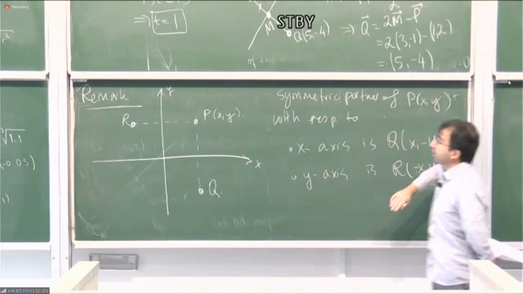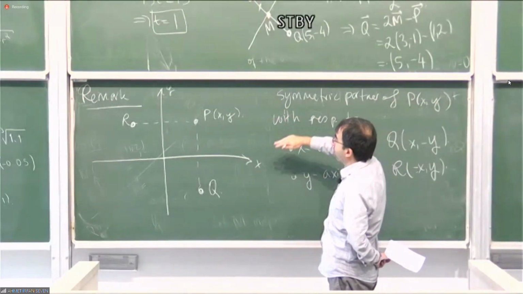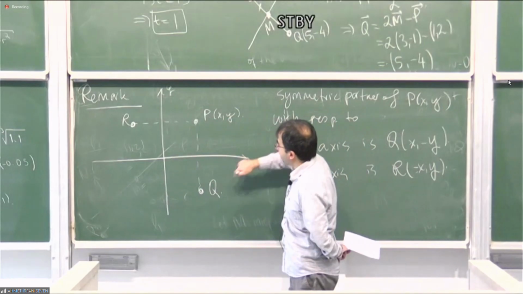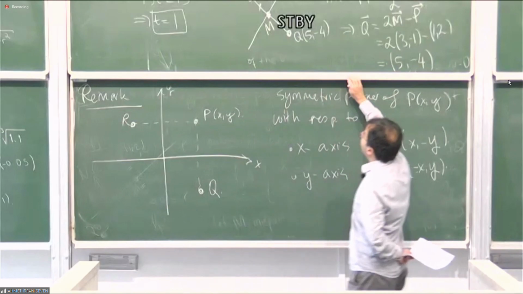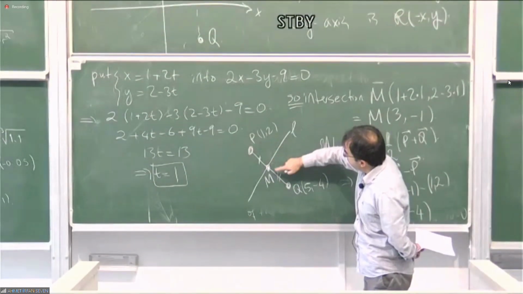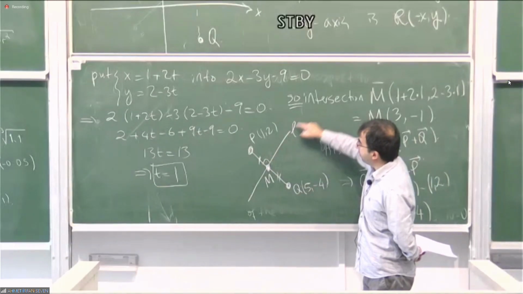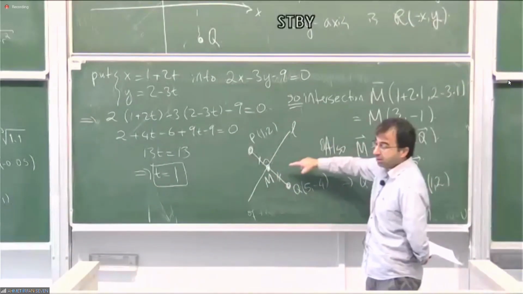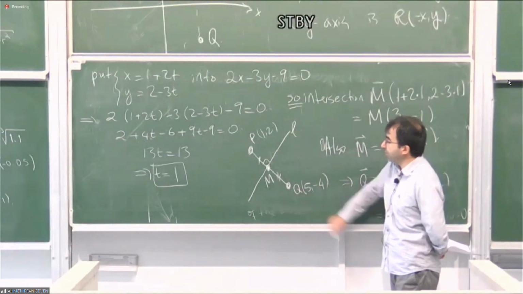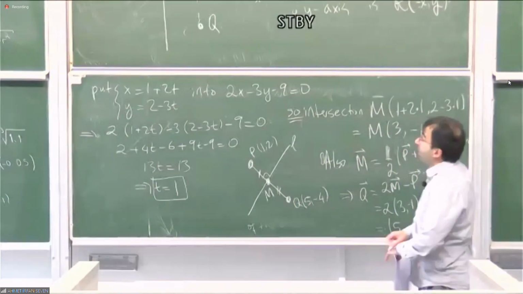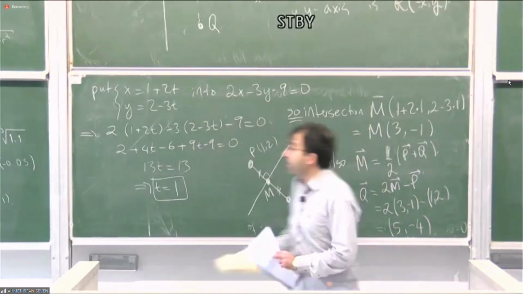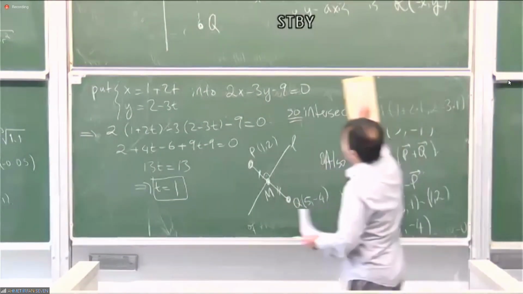We can think of this symmetric partner like a reflection. If you reflect this point through this axis, you get this one. Similarly, the other one, and also in this one here. If you reflect this point with respect to this line, as if there is a mirror in here, then the symmetric reflection will fall into this point. Okay, so this is the symmetric partner of a point with respect to a line in the plane.